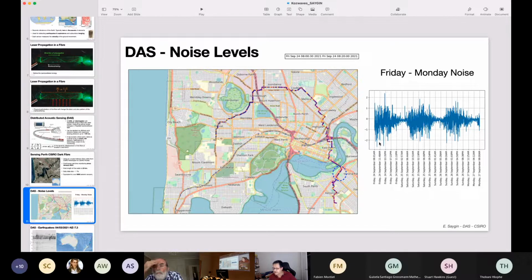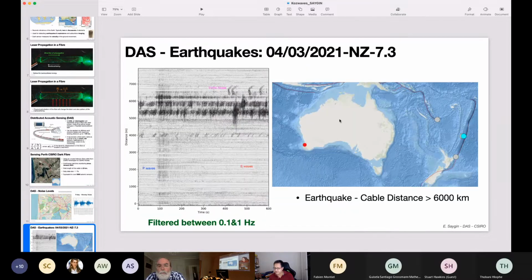So these kinds of cables are quite sensitive to ground motion, not only from local activity, but also earthquakes. Last year, 2 large earthquakes happened in roughly the northern part of New Zealand. This was a magnitude 7.3 event, and the separation was around 6,000 kilometers. We clearly get all these body waves that I previously mentioned, P waves, S waves, including some of the traffic noise.